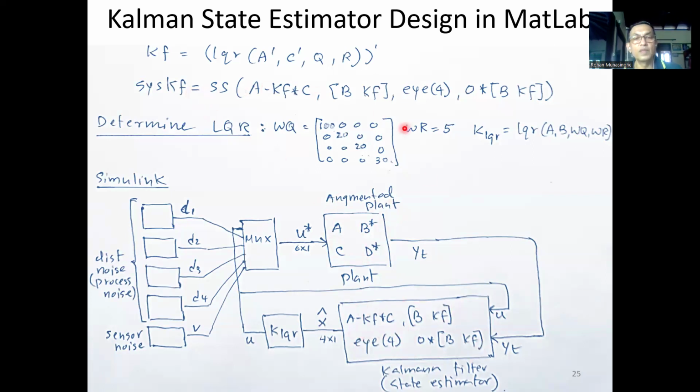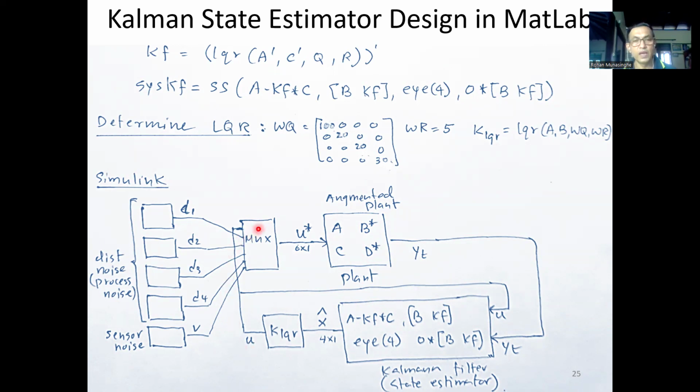This is the system with the Kalman filter, right? Also as a block, right? In fact, the Kalman filter itself, Kalman filter block, all right? So then it produces X hat, that is the state estimate. And the linear quadratic regulator takes that estimate as feedback and generates the control signal, which goes over here.